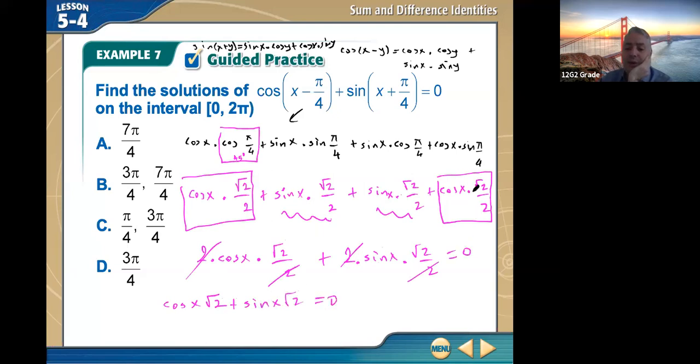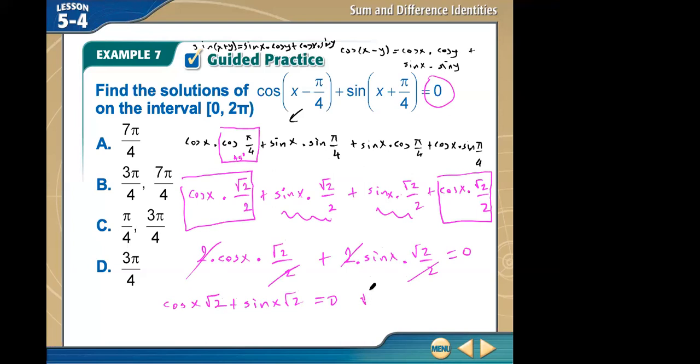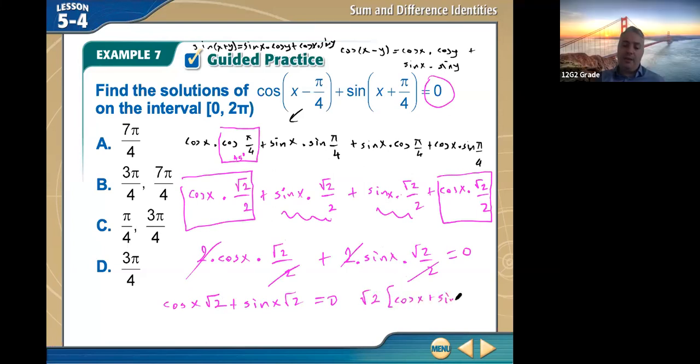By the way, these are all 0. Till here, do you have any question? No. And root 2 is common. So cosine of x plus sine of x is equal to 0, I can say. And if I divide by root 2, I will have cosine of x plus sine of x is equal to 0. Is this okay or not?